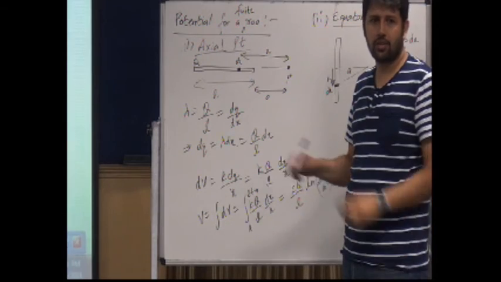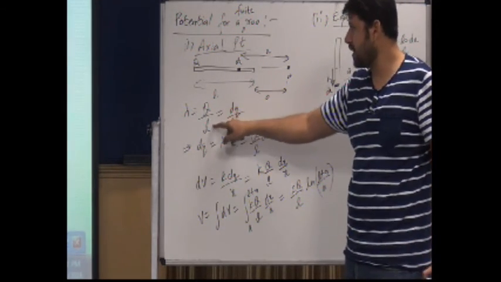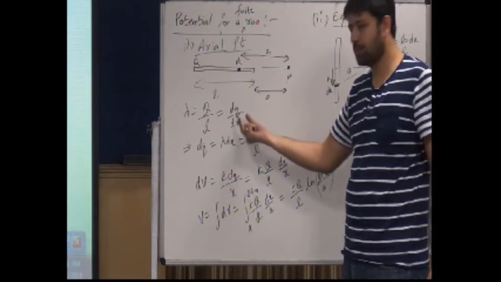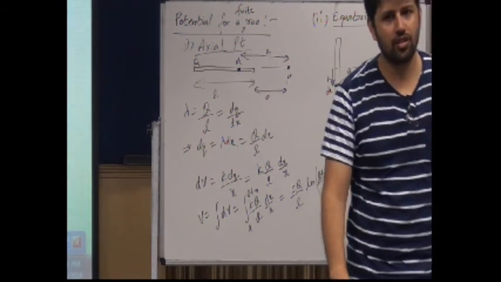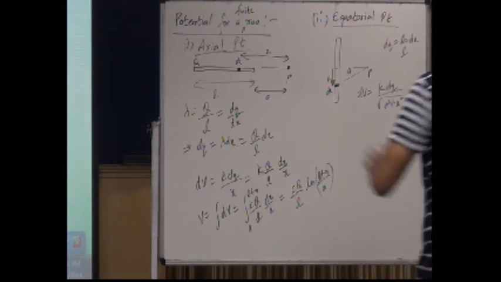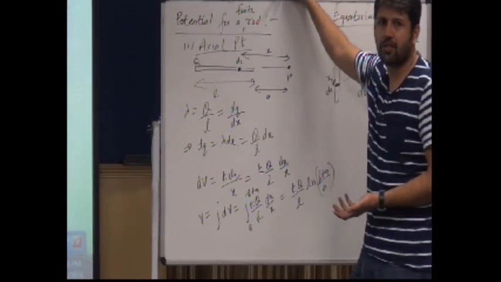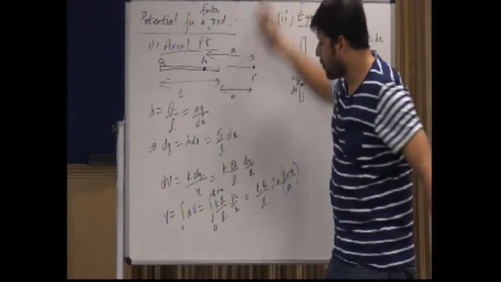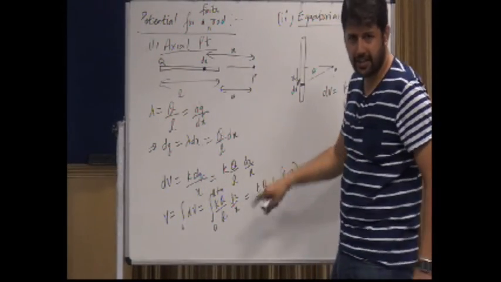As you remember, lambda would be Q by L for the whole length, and for a small element it would be dq by dx. Since the charge is uniformly distributed, charge by length is the same for a small portion and for the large portion. So we found dq, we found the small potential, and we integrated.